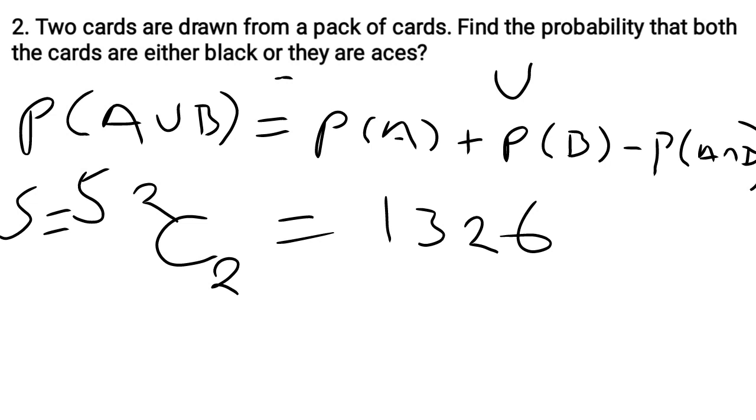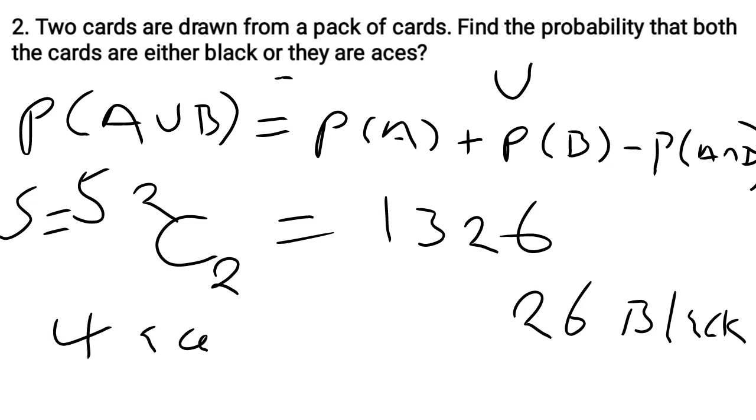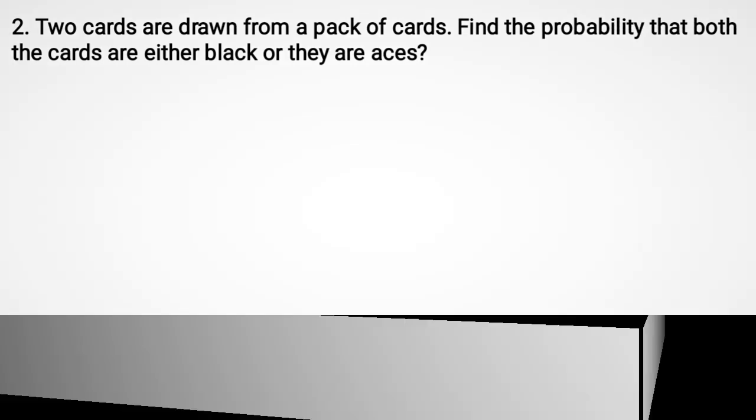Let's now see, the question has also said the cards are either black or they are aces. We know that in a pack of cards there are 26 black cards. We as well know that in a pack of 52 cards there are 4 aces.